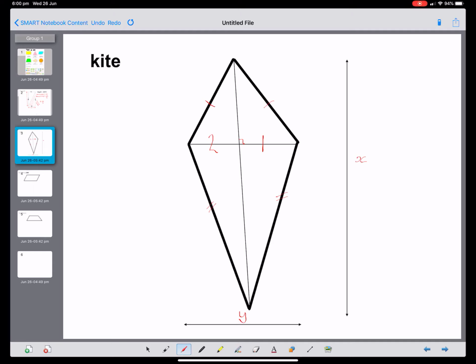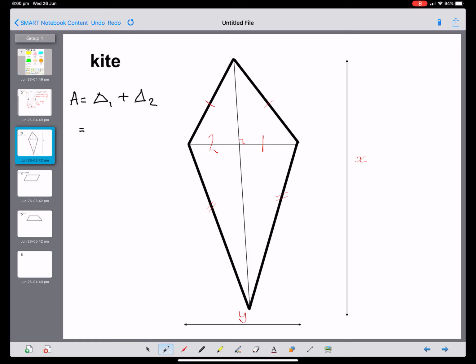So the area of our kite is simply going to be the area of triangle 1 plus the area of triangle 2. So let's find the area of triangle 1.